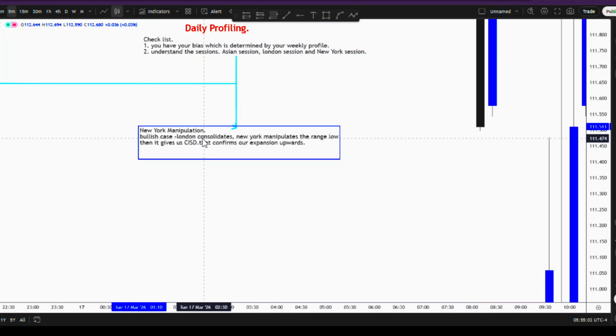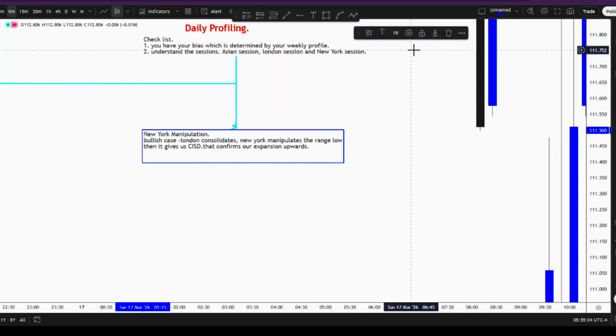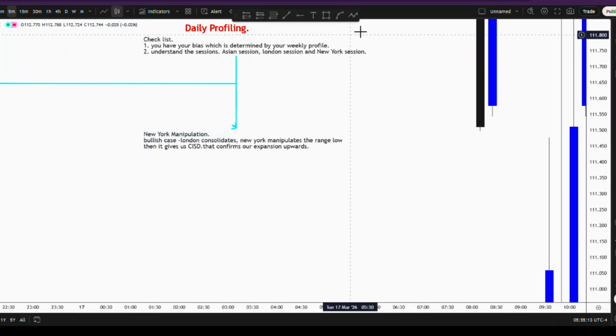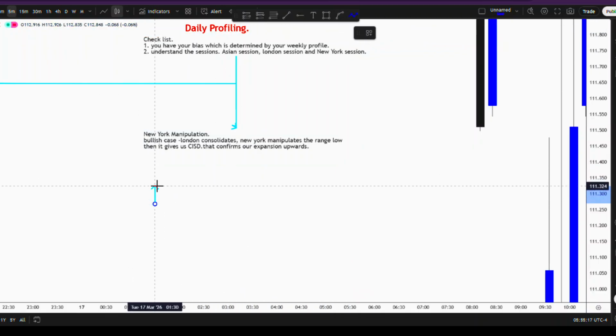And then vice versa in case of a bearish case. So in this example, you have something like this. You have London accumulating. So in case of a bullish case, you have London session accumulates.